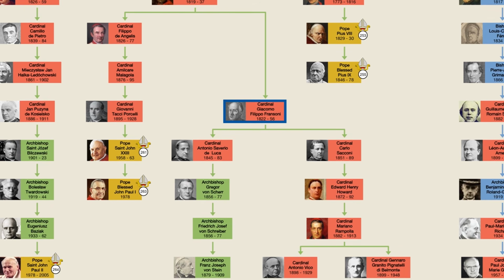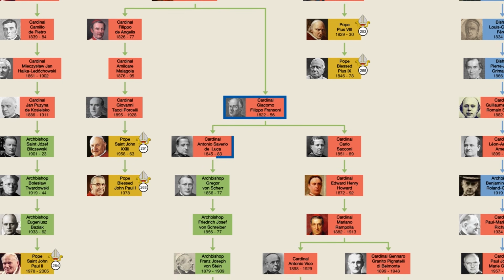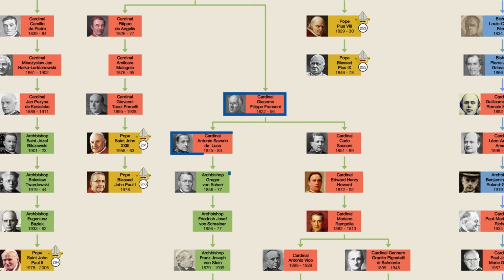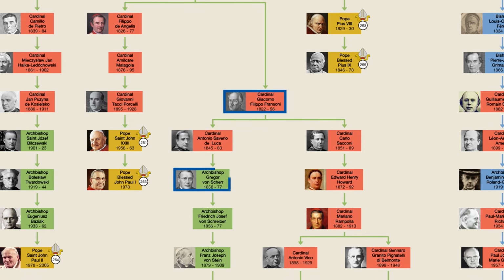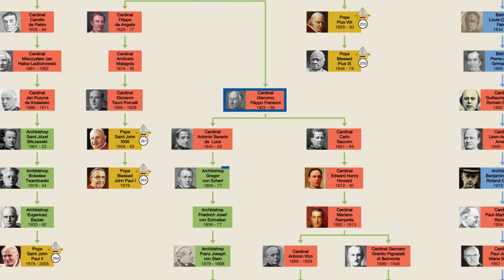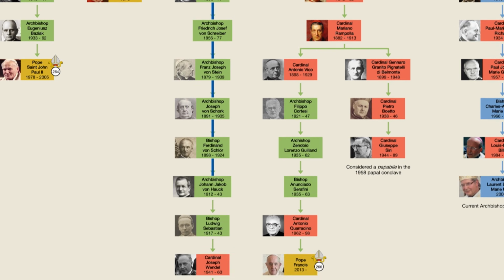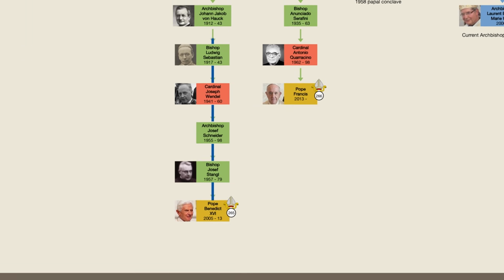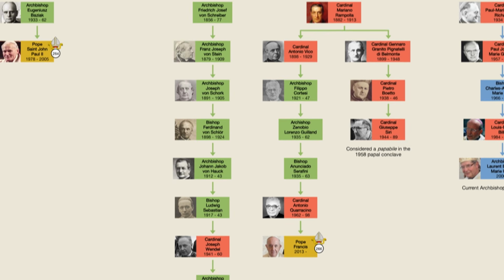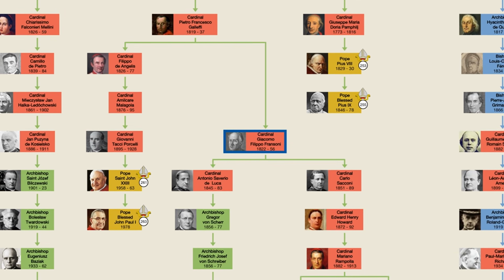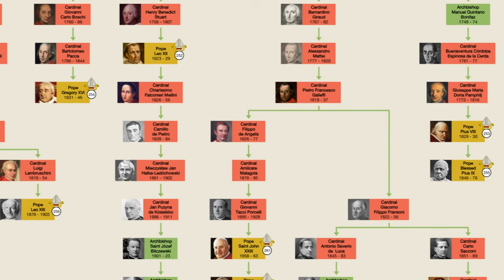That's because he also consecrated this cardinal, who in turn consecrated this German bishop. As you might know, Pope Benedict XVI was German, so we get a series of German bishops all the way down to him.